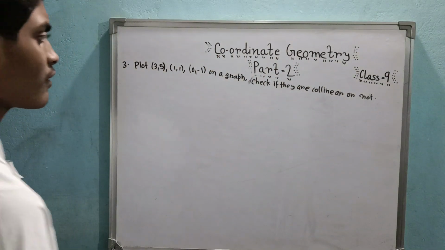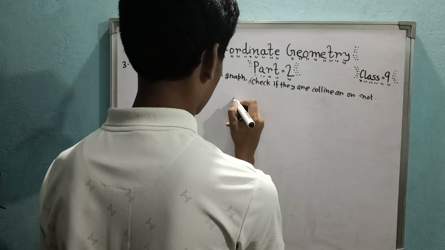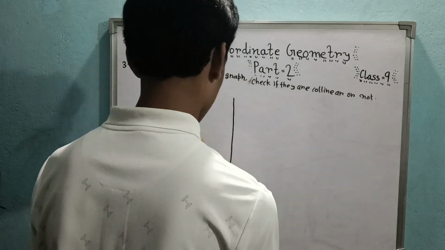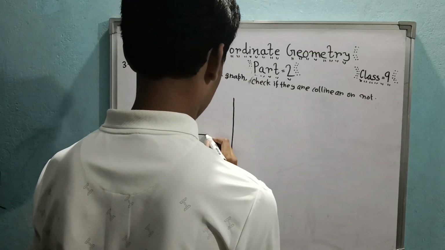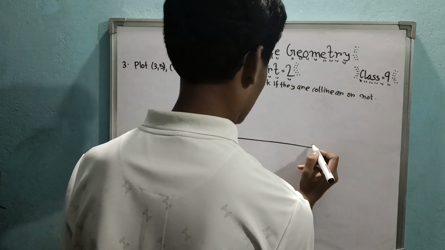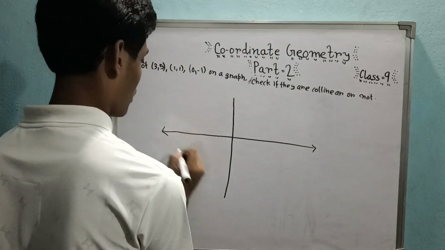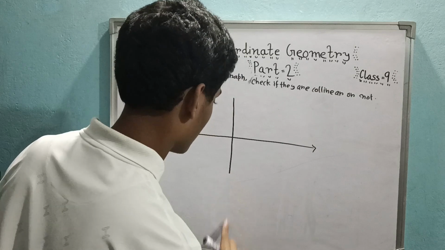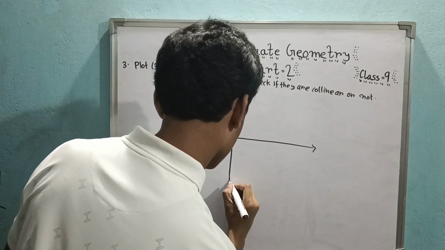Okay. So let's again draw the graph paper here. So middle I am drawing it. Straight line.